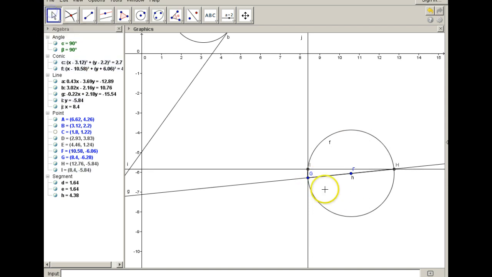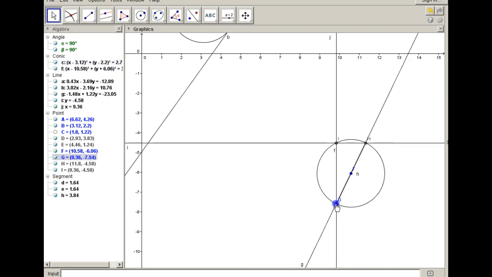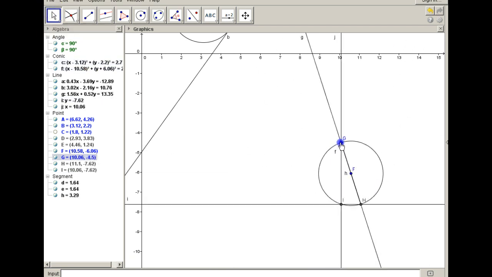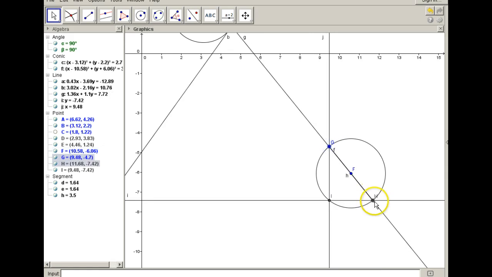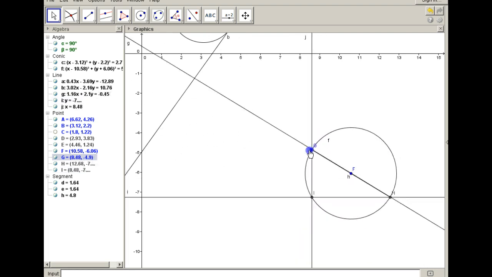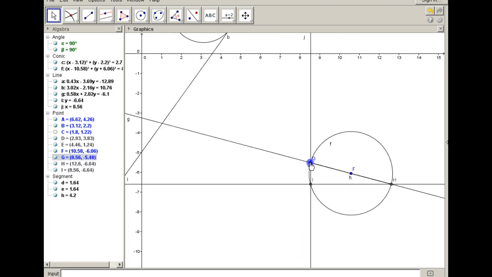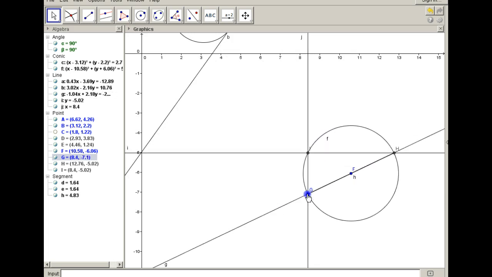What happens if I adjusted the circle? It doesn't matter because G and H are always a diameter, and so we see that I represents all of the points that can exist to make a right triangle with this as the diameter. So this is the important thing to remember.